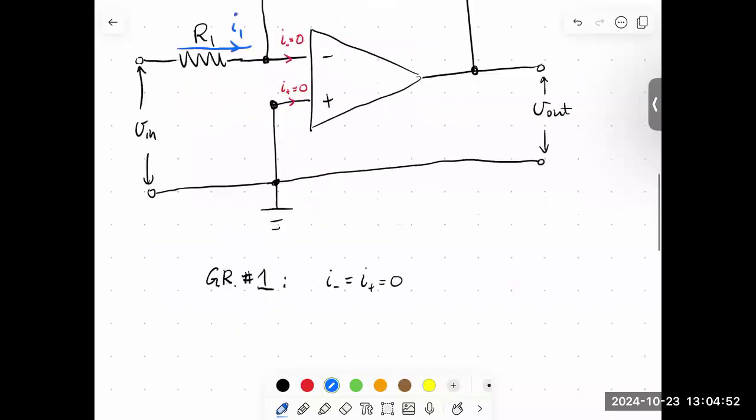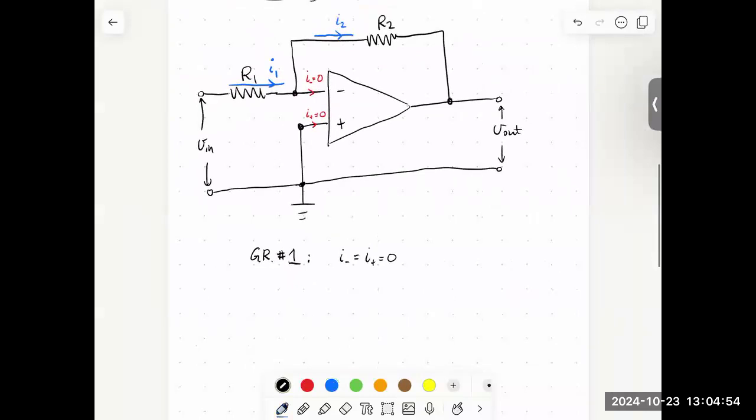If we do a junction rule analysis at, let's call this junction 1, all we have to do is keep track of the total current going into the junction and make it equal to the total current going out of the junction. So we have I1 coming in. And what's going out?